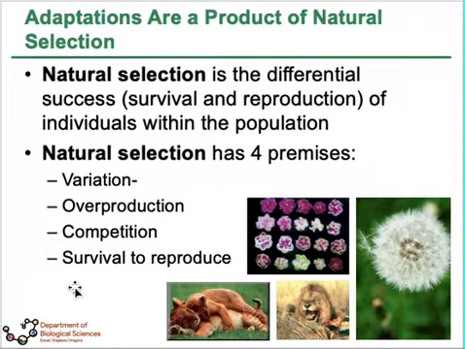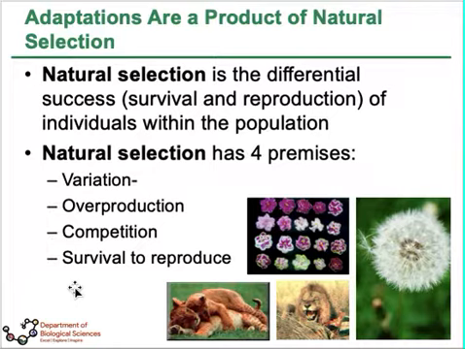Next, we have competition. Competition, individuals compete for limited resources, particularly the food, or it can also be their partner or their mate. So, struggle for existence, that is actually the term used by Darwin for this premise. So, they struggle for existence or to survive.